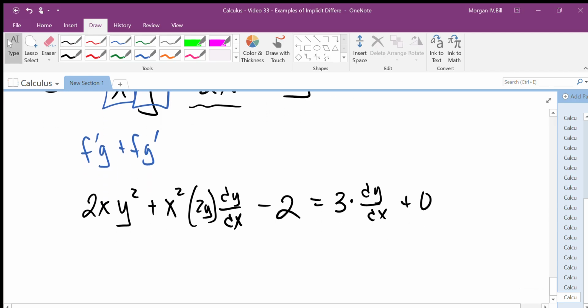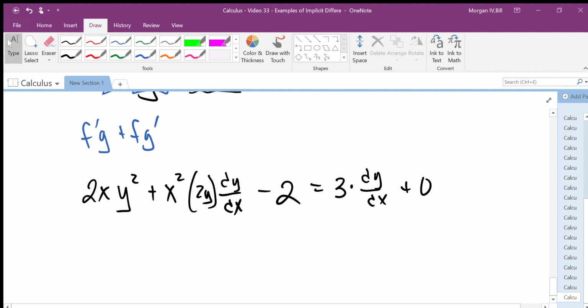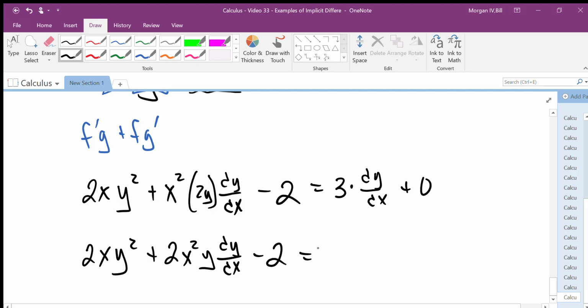Okay, every term with a dy dx to the left, every term without a dy dx to the right. And maybe I'll simplify here, so before I move terms, I've got 2xy squared plus 2x squared y dy dx minus 2 equals 3 dy dx.